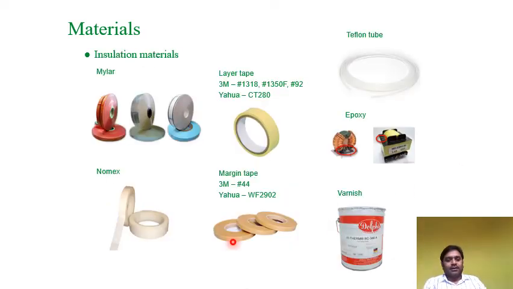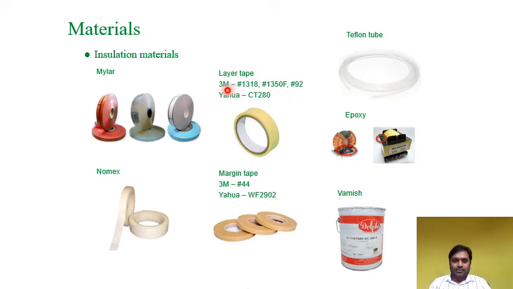Next is the insulation materials which we use between the layers, either different layers on the primary winding, between the primary and secondary, and the outer insulation, and then in the pin what kind of tubing we use. So here are the different types of materials which are used basically for transformers, inductors and chokes. One is the Mylar.